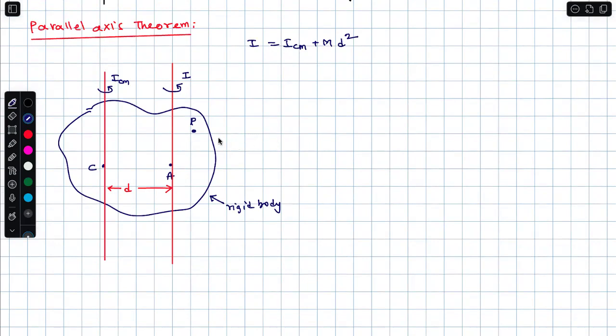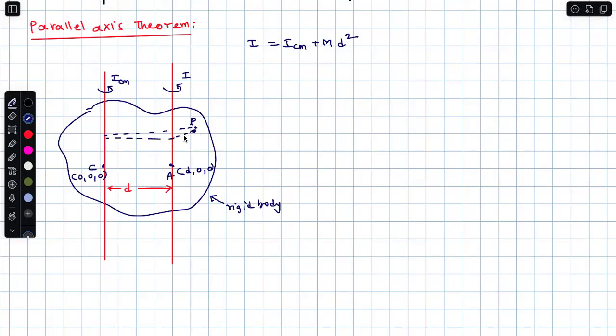Right. Let us try to understand. Let us take point C as the origin, 0, 0, 0. Then what is going to be the coordinates of A? d, 0, 0. Now imagine a plane.